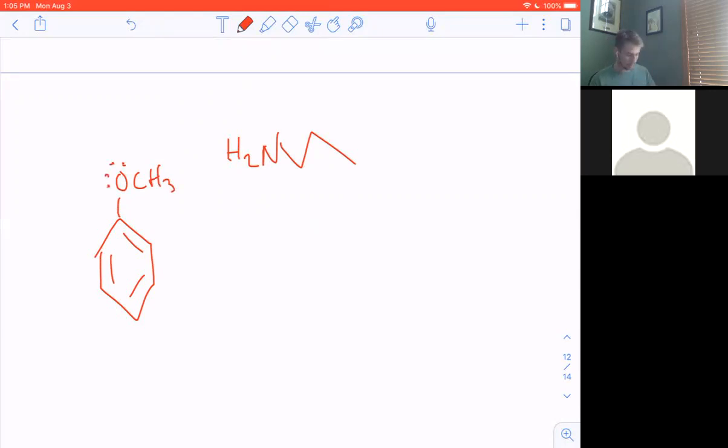Since it told us that it was going to be at that para position, the first step is basically going to be you have your nitro group. So we'll draw that out. Make it a little bent, even though it's not really bent. It says that positive charge. This will go here, push some electrons there. And the first step you'll get then will look like this.